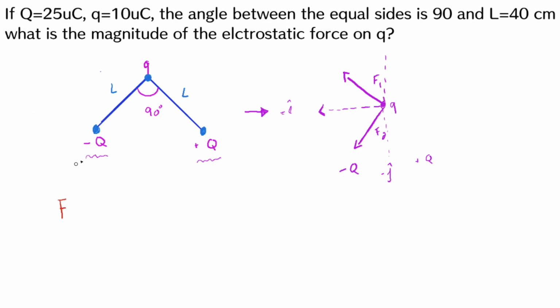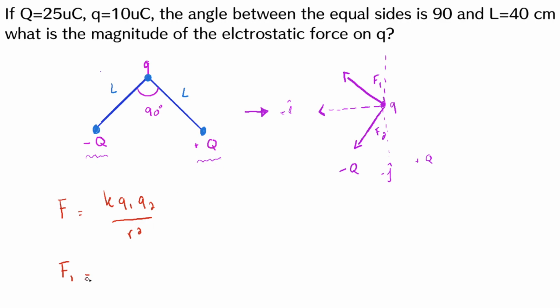Now, the equation for the electrostatic force is equal to k, Coulomb's constant, Q1 times Q2 over r squared. Let's calculate force 1. So force 1 is this one. It's being caused by the positive Q down here.